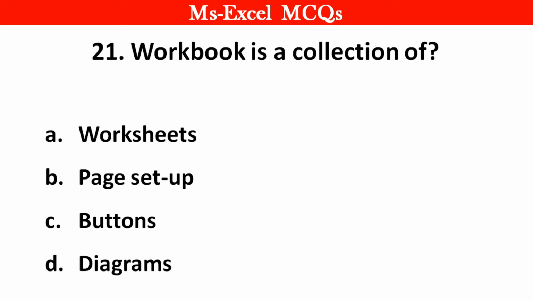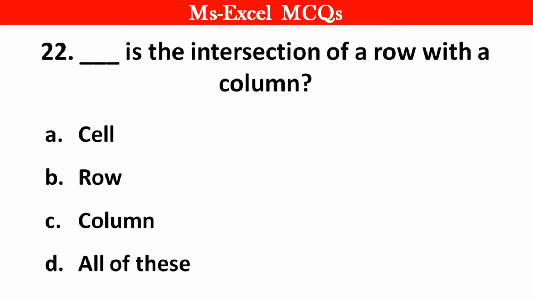A workbook is a collection of: options A, worksheets; B, page setup; C, buttons; D, diagrams. Right answer is option A, worksheet. Next question. Dash is the intersection of a row with a column. Options: A, cell; B, row; C, column; D, all of these. Right answer is option A, cell.